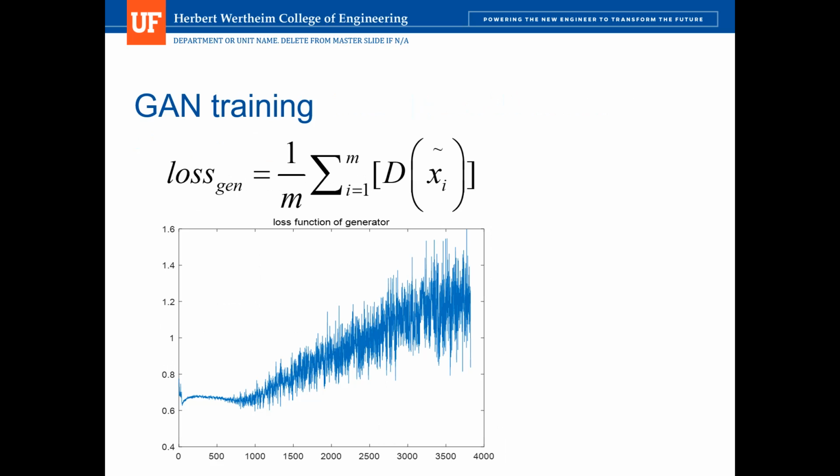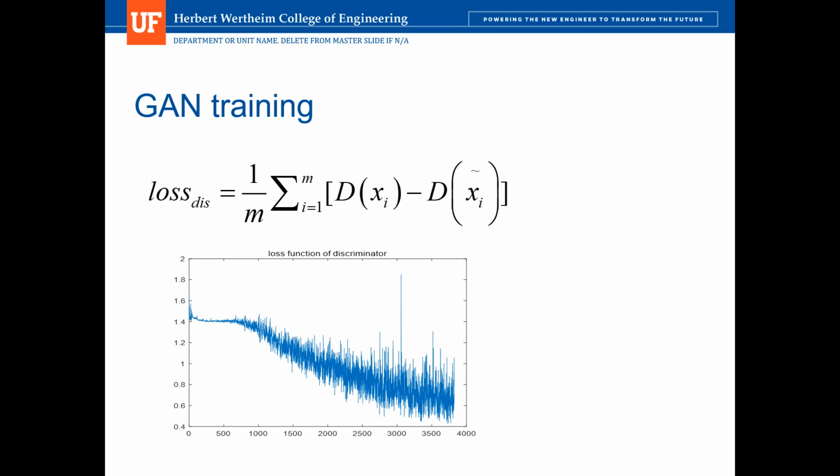During our GAN training, this is the loss function of our generator. Our generator wants its loss function to become larger and larger, so it can produce more and more realistic images, and finally it converges to a certain value, as shown in the picture.